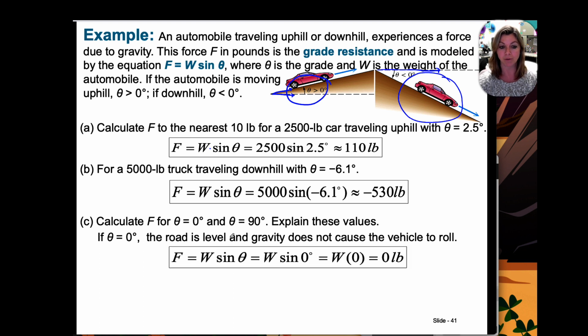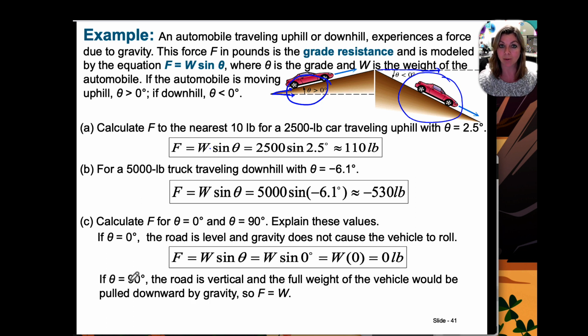Using the formula, the force is equal to the weight of the car times sine theta. Well, if theta is 0 degrees, then we're talking about sine of 0 degrees. Sine of 0 degrees is 0. You can get that from your unit circle, your table, your graph, your calculator. So the weight times this 0 is equal to 0 pounds.